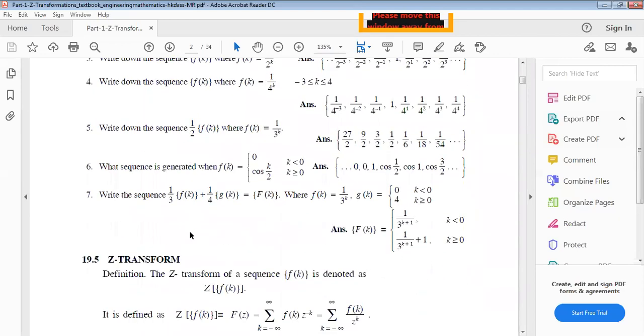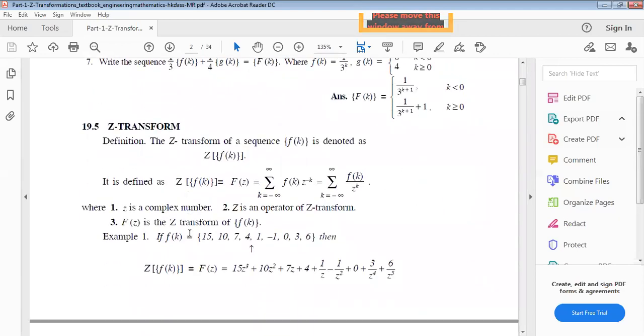Now we have got an idea about sequences. Now the Z transformation. Please concentrate, everybody. This is the definition of the Z transformation. The Z transform of a sequence f of k is denoted by Z of f of k.